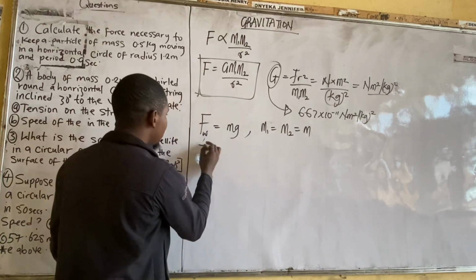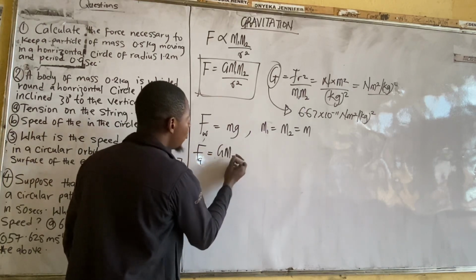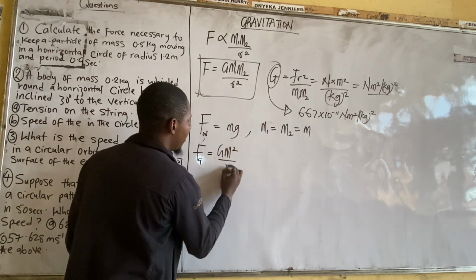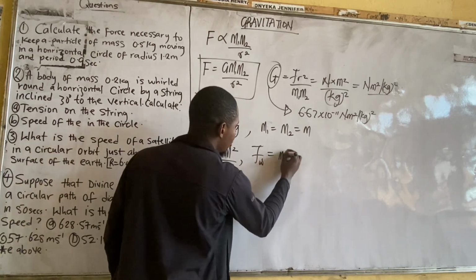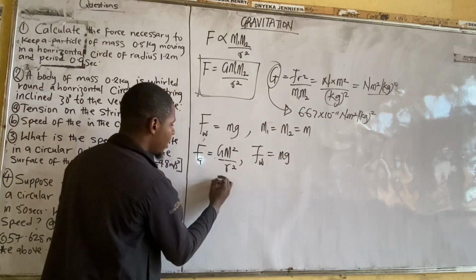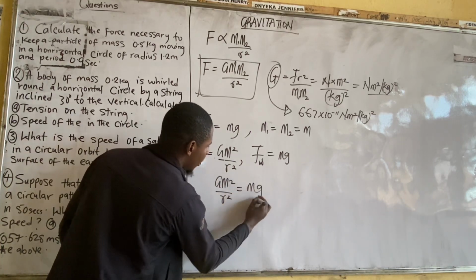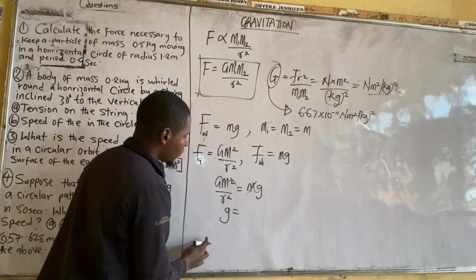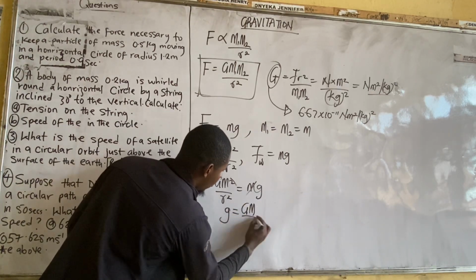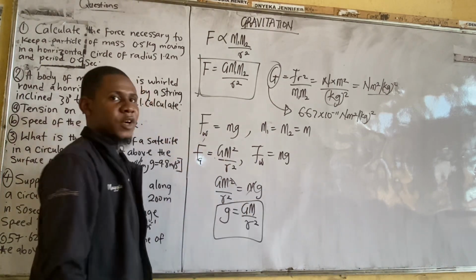So the gravitational force is G m squared by r squared, and the weight is mg. When we equate both, we have G m squared by r squared equal to mg. We can cancel one m, and then our gravity g is equal to GM over R squared. Please, let's not forget that.